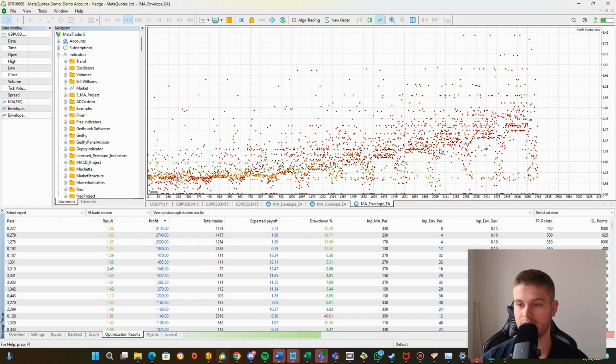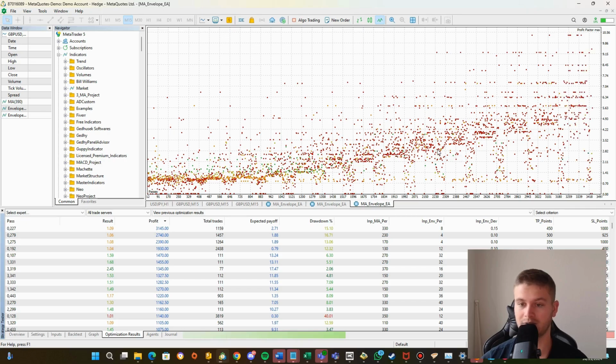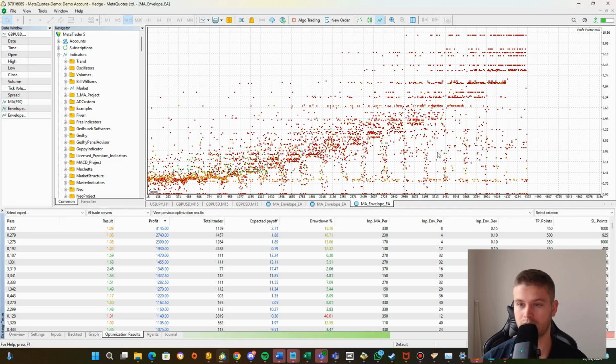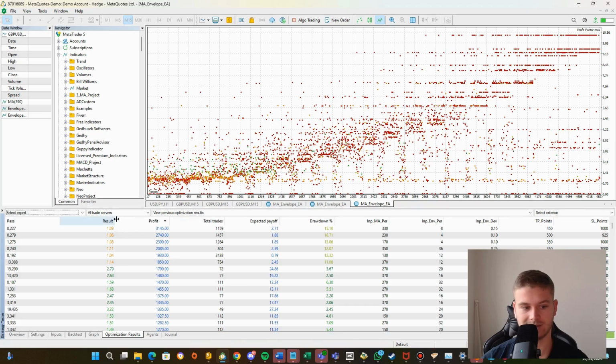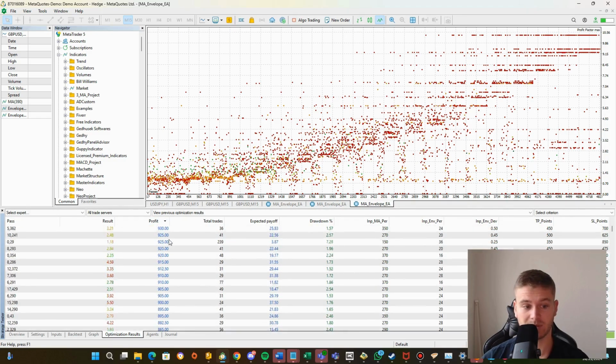Because if your EA performs well only on one symbol, then it's safe to say that the concept behind the EA is not very solid. Because if it were solid, it would perform with the right settings on almost every symbol. You can see that this is much worse than for the GBP USD, but it can be profitable as well.